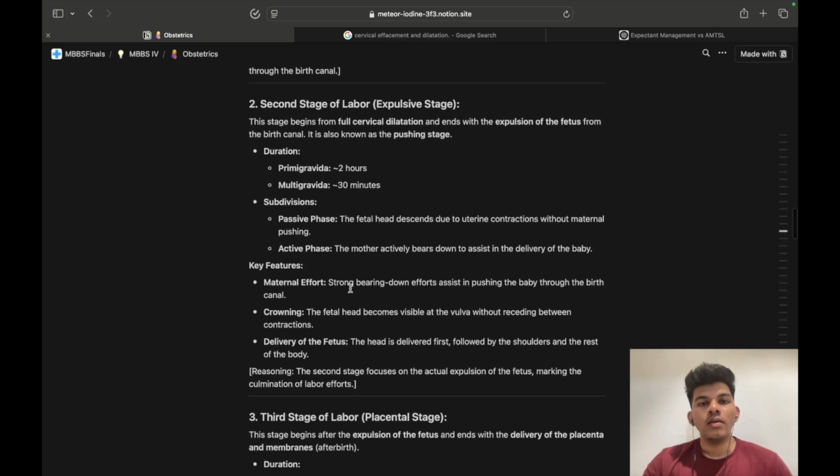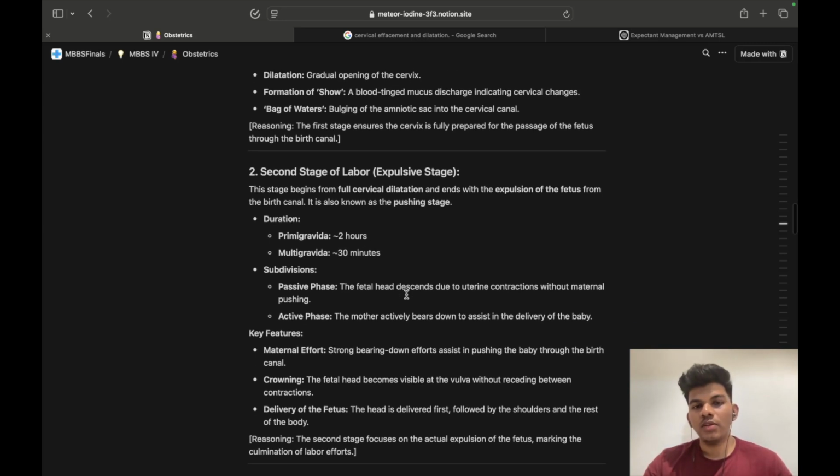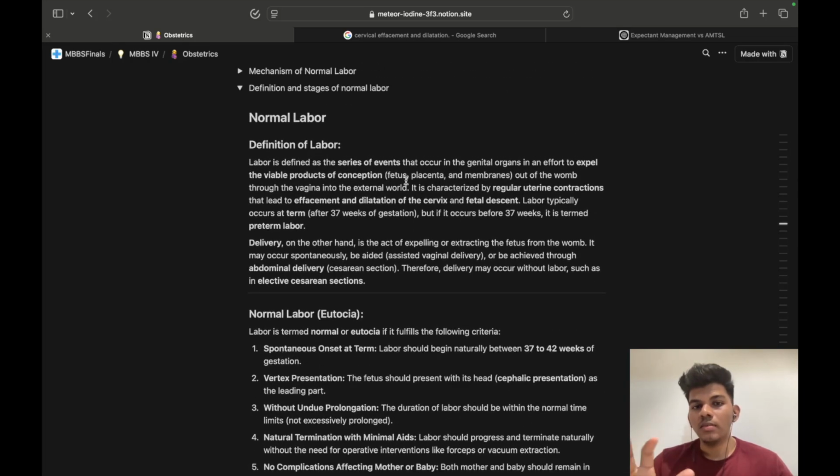Before delving into this, we need to know that stages of labor are different from mechanism of labor. Mechanism of labor refers to the movement of the fetal head, but stages of labor refer to the changes in the genital organs of the female so that the products of conception are expelled.